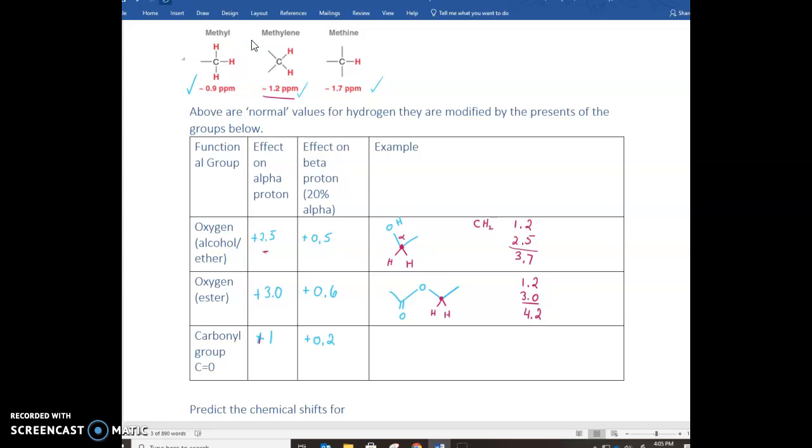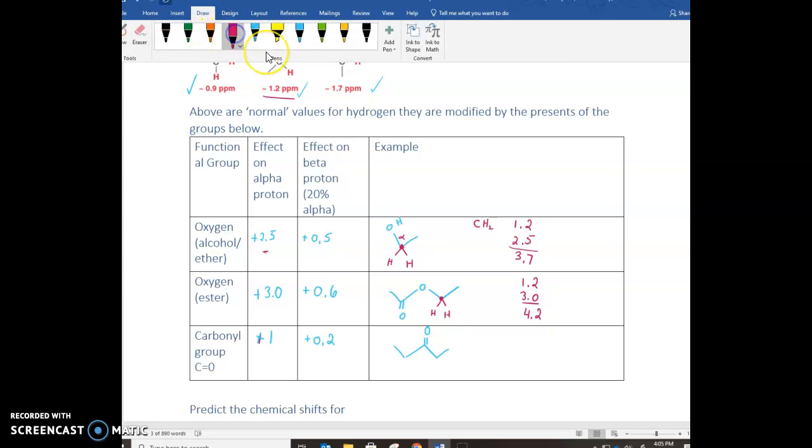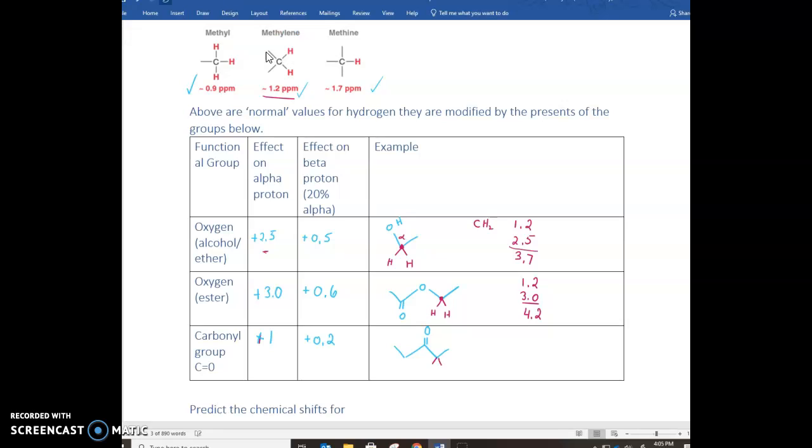So let's draw our molecule. This is a carbonyl group, like a ketone. What I've drawn there is a ketone. And we're going to be interested in these two hydrogens right here.